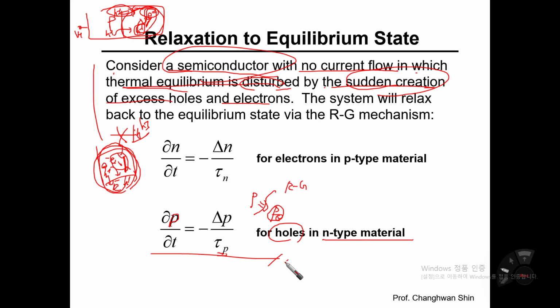So depending on this first-order differential equation, the excess holes are annihilated with electrons in N-type material. Similarly, you can do the same for how the minority carrier electrons in N-type material... I mean, in P-type material, are annihilated with holes, and by this rate, ∂n/∂t is proportional to delta n.